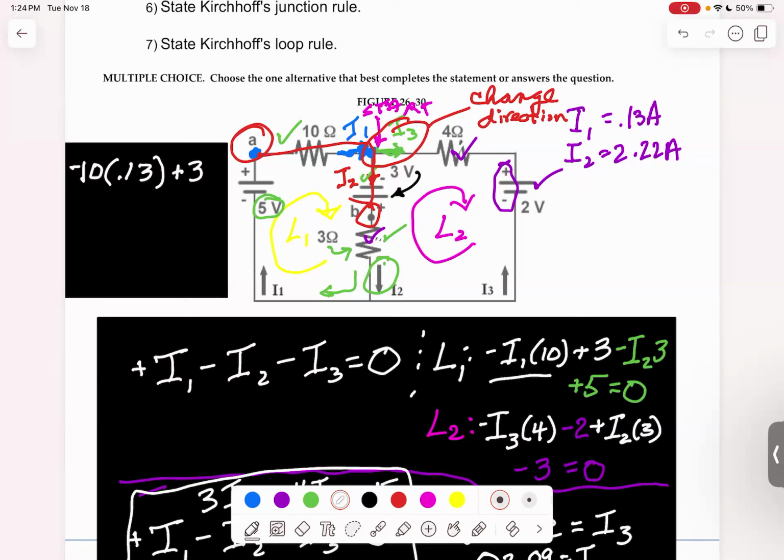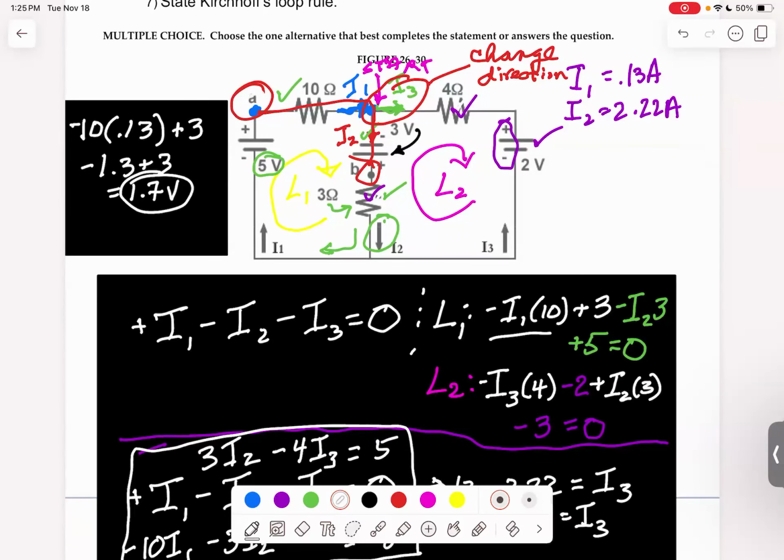So that would be negative 1.3 plus 3. And so, what's that? 1.7. Okay. So there should be a difference of 1.7 volts as we go from this point to this point right here, from A to B.